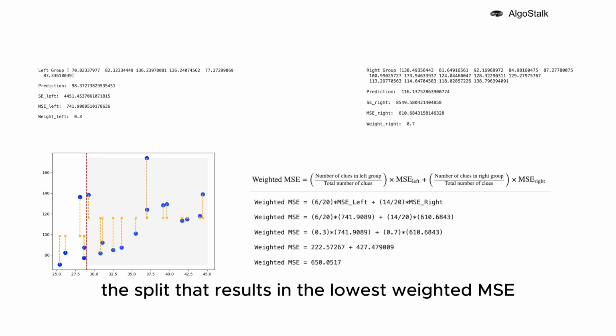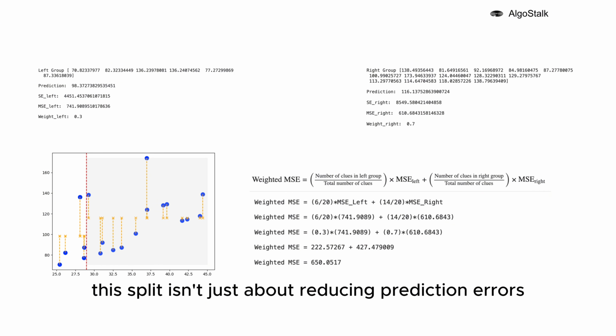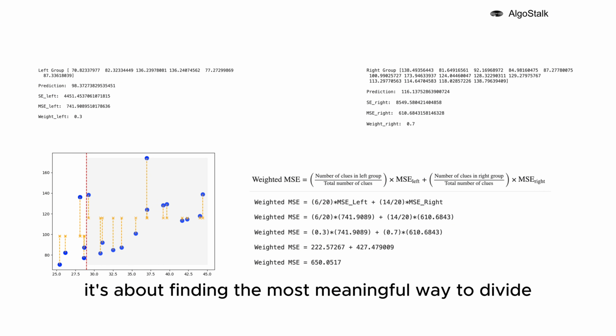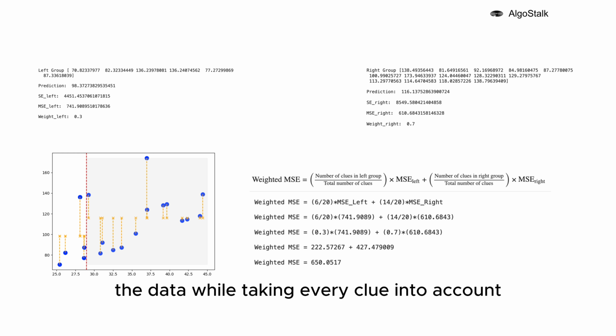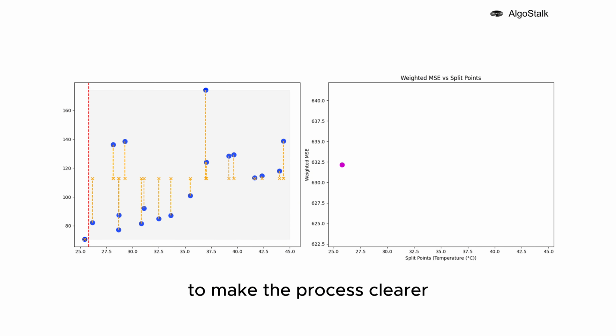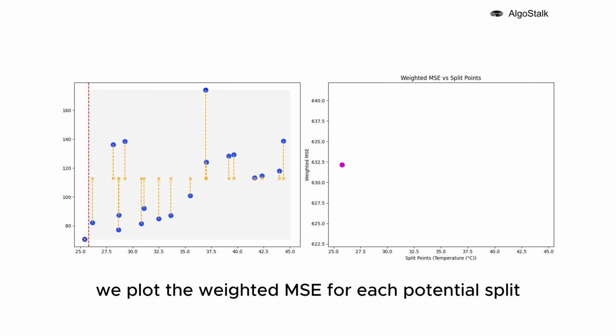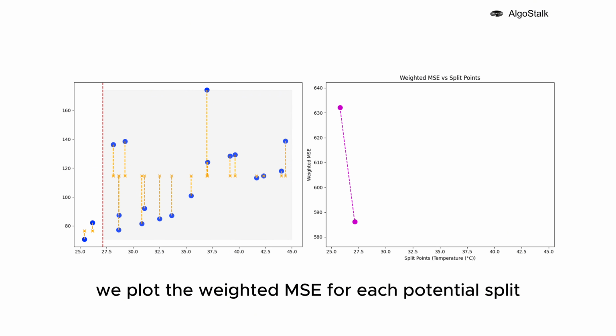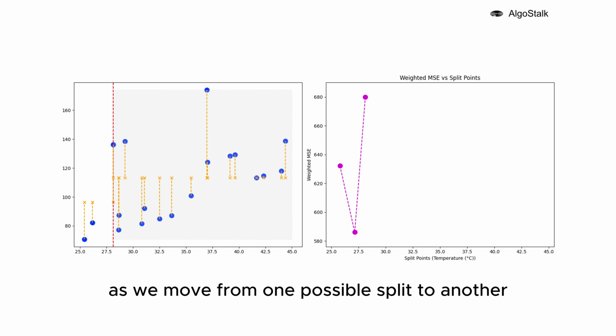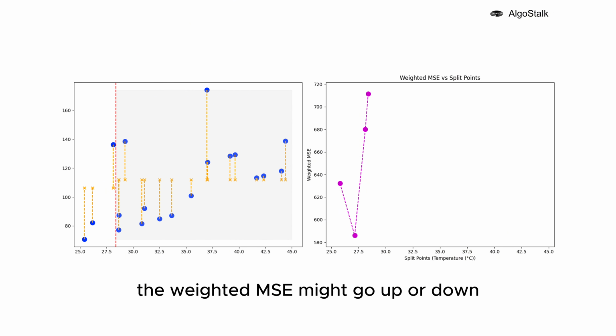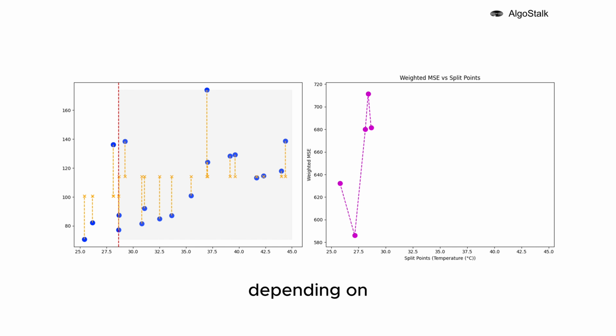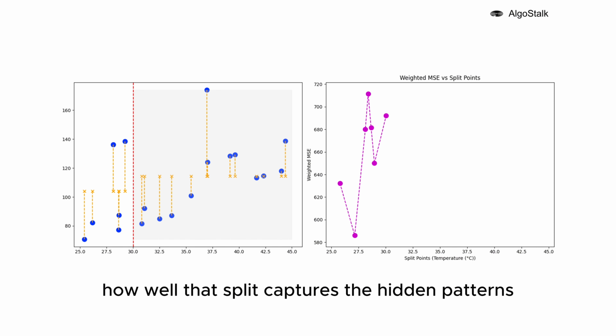By balancing the errors of both groups, the detective is searching for the split that results in the lowest weighted MSE. This split isn't just about reducing prediction errors. It's about finding the most meaningful way to divide the data while taking every clue into account. To make the process clearer, imagine we plot the weighted MSE for each potential split. As we move from one possible split to another, the weighted MSE might go up or down depending on how well that split captures the hidden patterns.